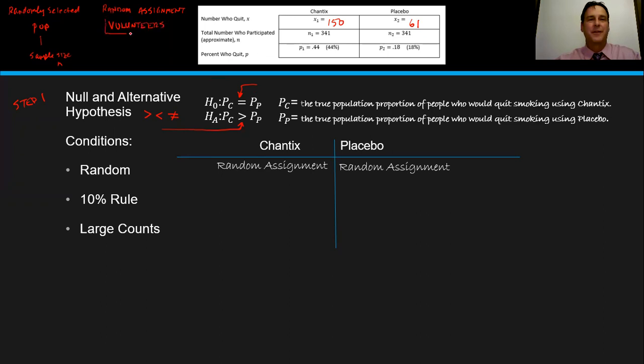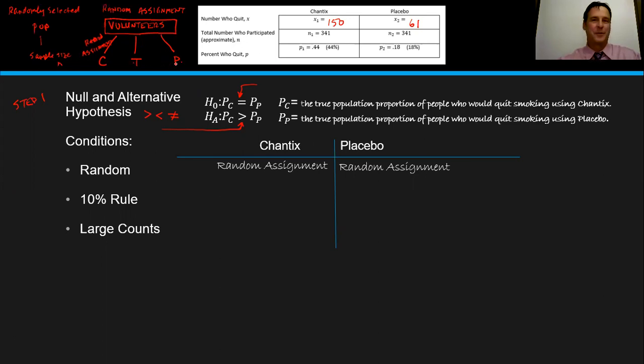Amongst those volunteers, we are able to randomly assign 1 of 3 treatments, either the Chantix, the secondary treatment, or a placebo, and these are all done through random assignments, which I know I wrote above it, but that really takes place in this action between your volunteers to these respective 3 groups.